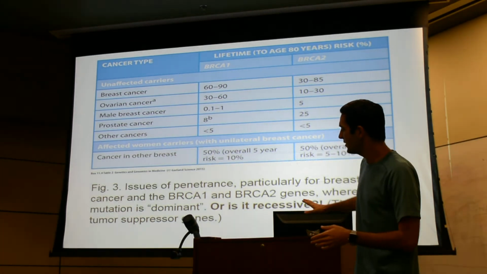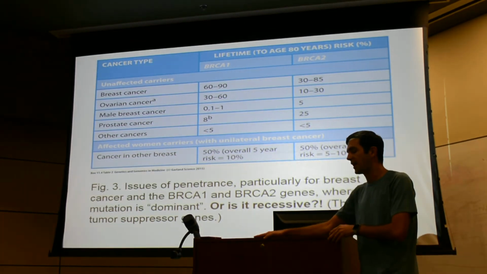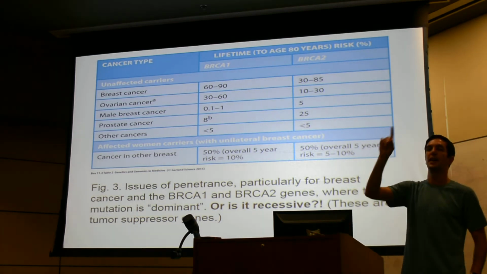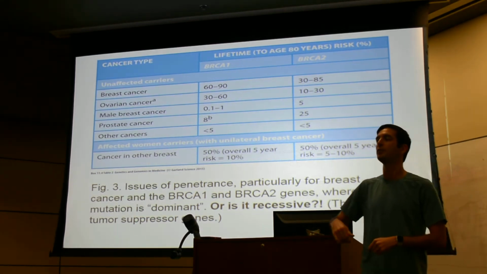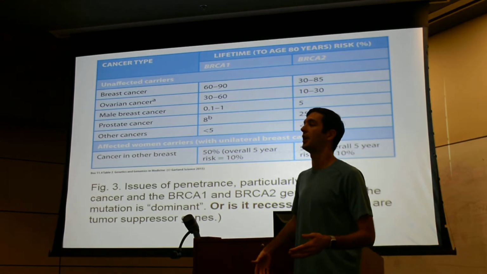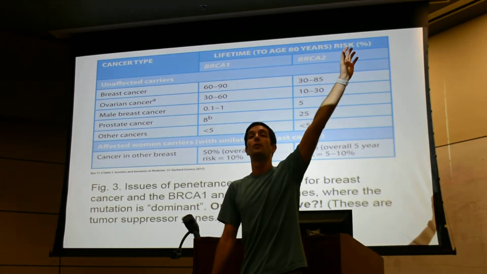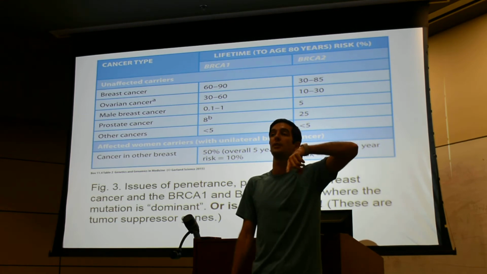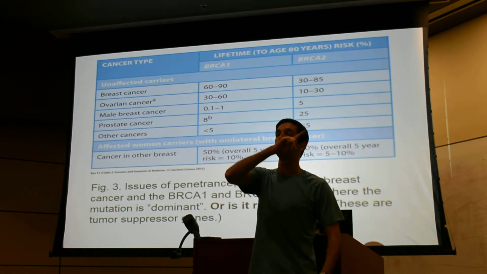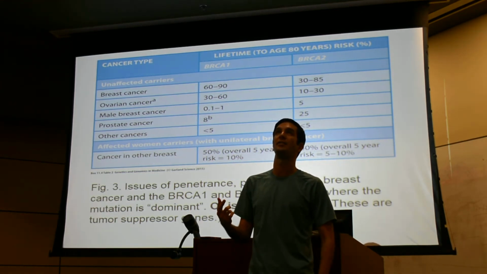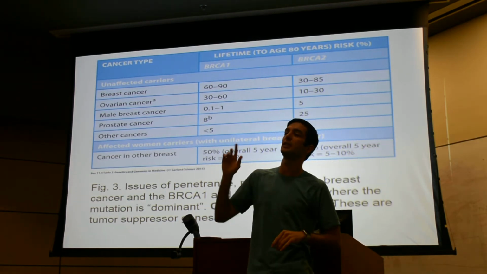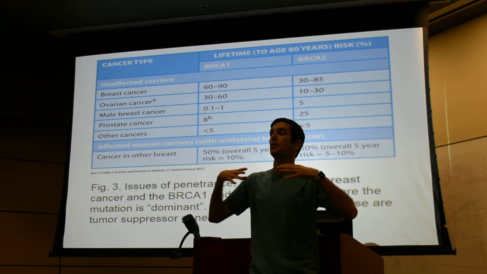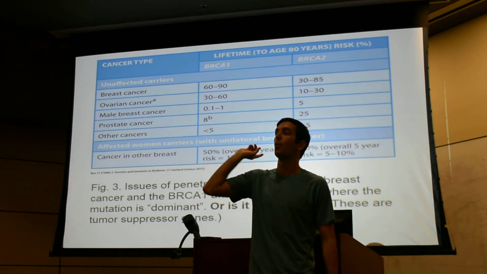But the idea here, once again, on a mechanistic standpoint, I must have little b, so it's recessive in that regard. However, it usually has a very high penetrance, because if you are born with big B, little b, there's a very good chance that big B will get mutated. So think about it that way: whether you have big B, little b, or big B, big B, usually throughout your lifetime in the breast tissue, you're going to get one of those mutated.